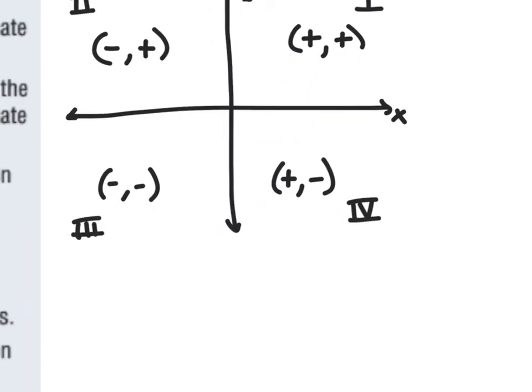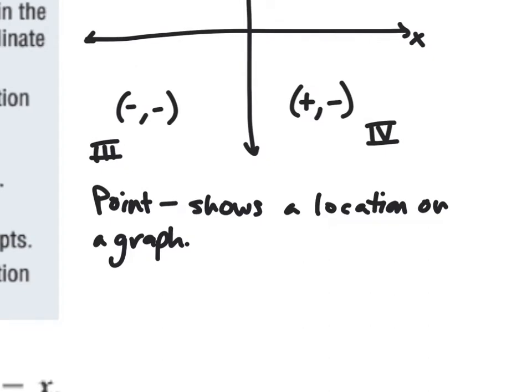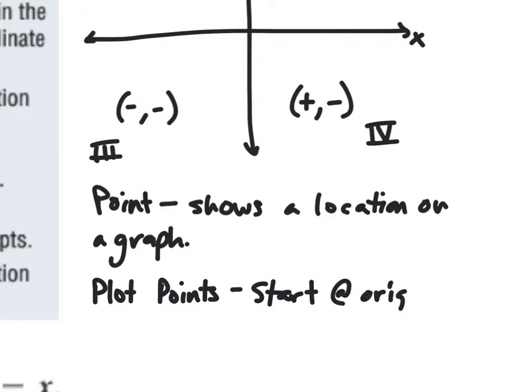Now let's just talk real quick about something. A point shows a location on a graph. All right, that's it. That's all a point is. And then if we want to plot points, the step for that is that we start at the origin, which is the point 0, 0.